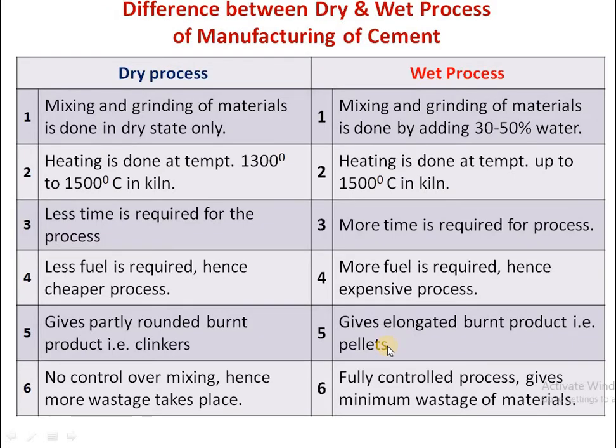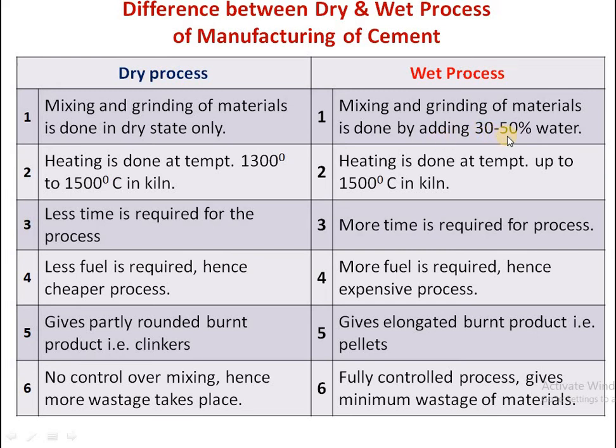Here is the difference between the dry and wet process of manufacturing of cement. So how can it be differentiated? The first one, in the dry process, mixing and grinding of raw materials is done in the dry state only. But in the wet process, this mixing and grinding is done by adding 30 to 50% water.